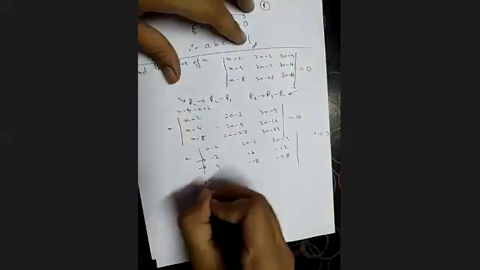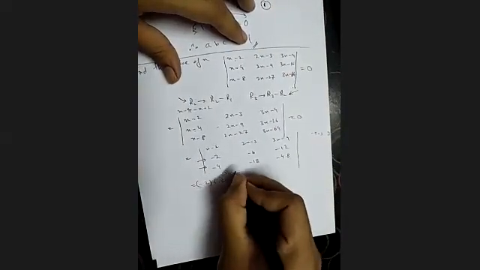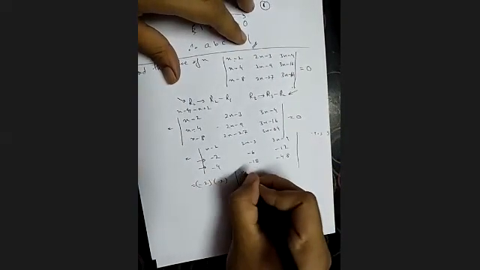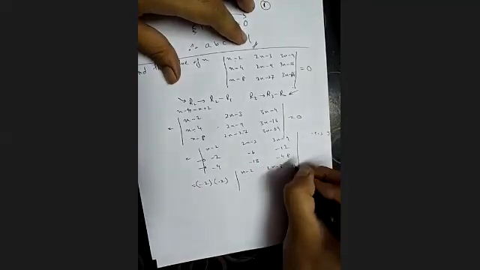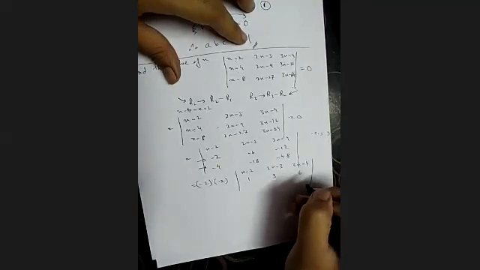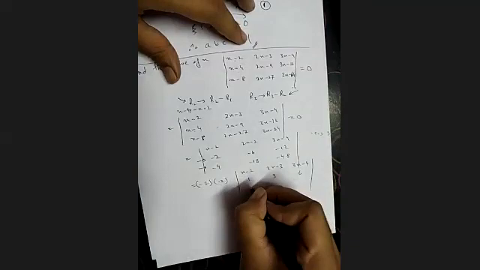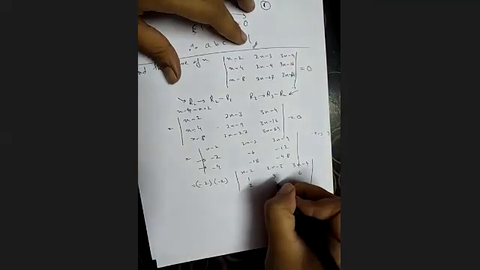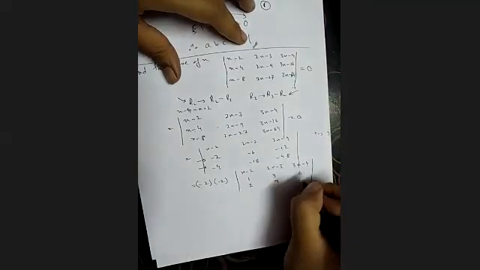If you take minus 2 as common: x minus 2, 2x minus 3, 3x minus 4, then 1, 3, 6, and taking minus 2 common from minus 4, we get 2, 9, and 24.